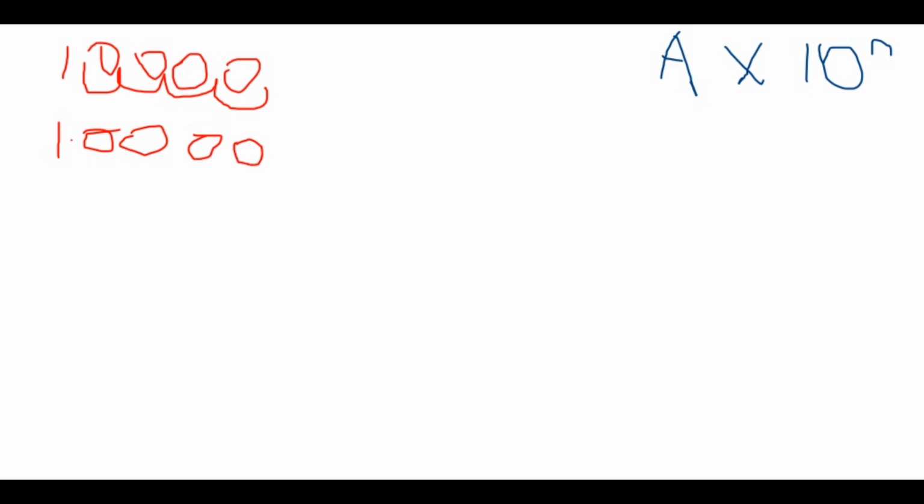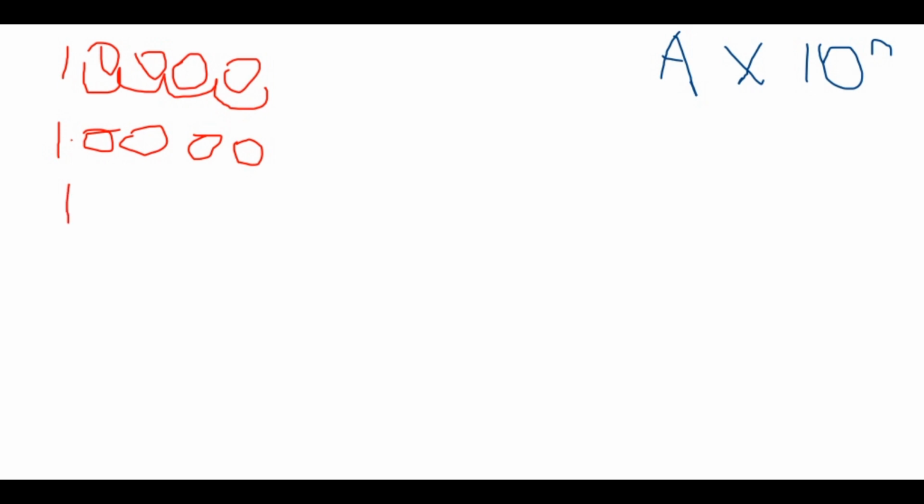And remember what I said, when you have 0000 after the decimal point, it's still the same thing as saying the number behind the decimal point. So you can just say 1.